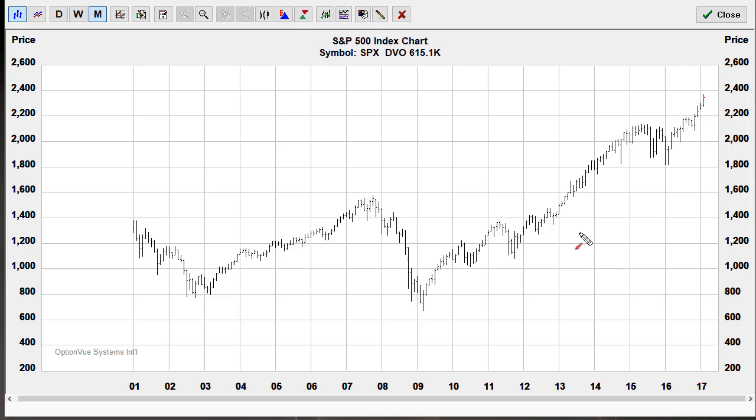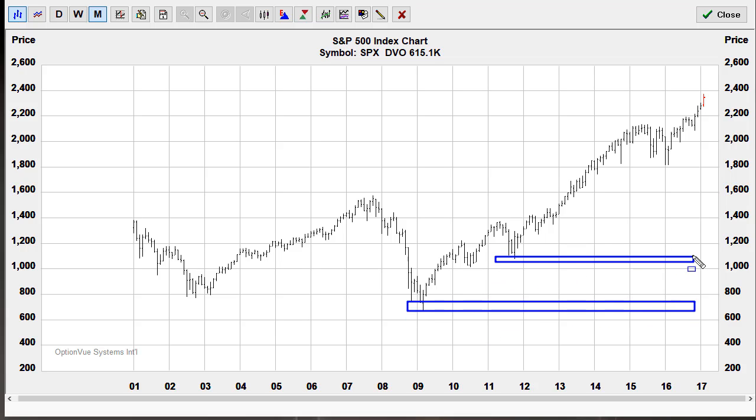And so when we draw these horizontal support and resistance levels on the chart, we've got this one down here, and we have a very obvious level at 1800 that we're looking at. Again, this applies to all charts.